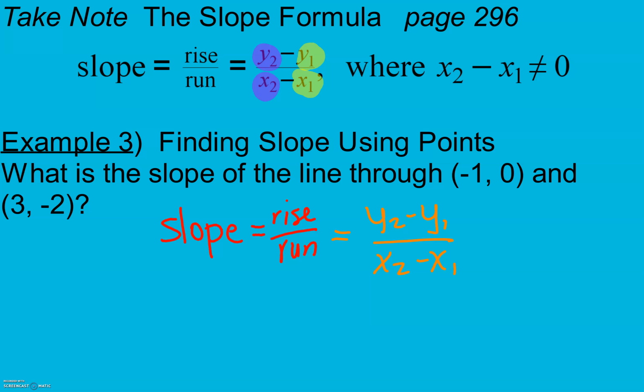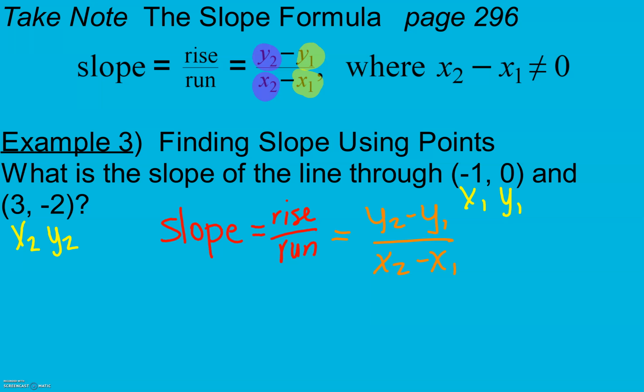So here, I'm going to go ahead and say that this is x2 and y2, and this is x1 and y1. It doesn't matter, again, if I label this point 1 or this point, as long as we are consistent. If I use the y first from one point, I have to use it first from both.